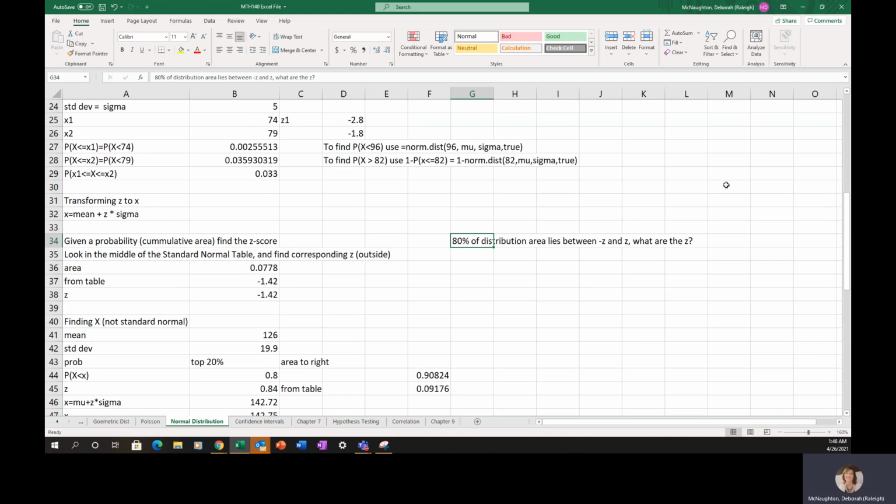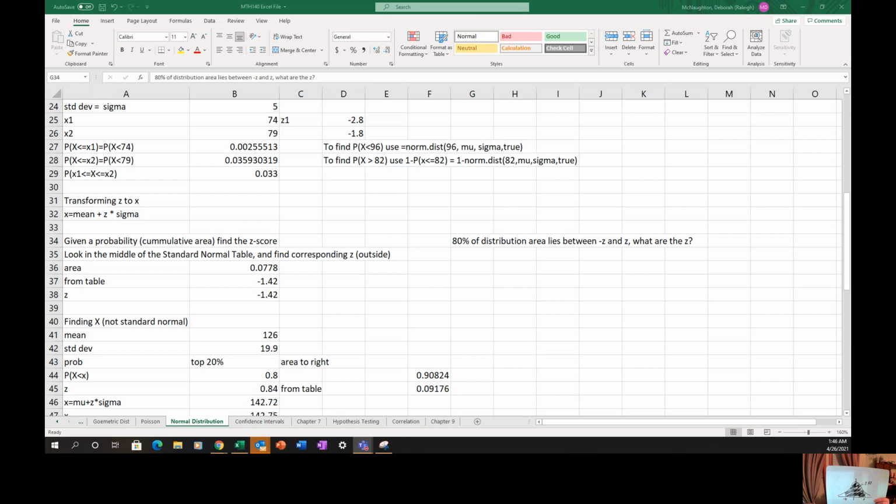Okay, so let me just show you that. All right, so what it's saying is this area in the middle is 0.8, 80% of the probability that z is between negative z and z is 0.80.